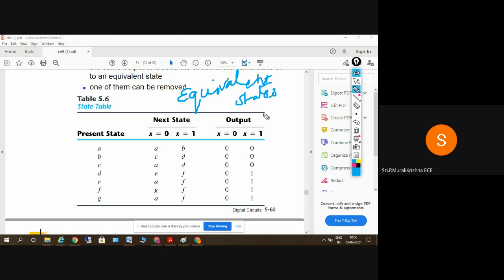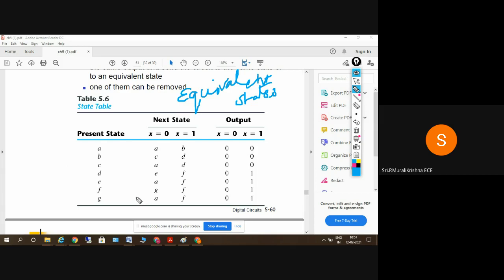The states which produce the same next states and the same outputs are said to be equivalent.